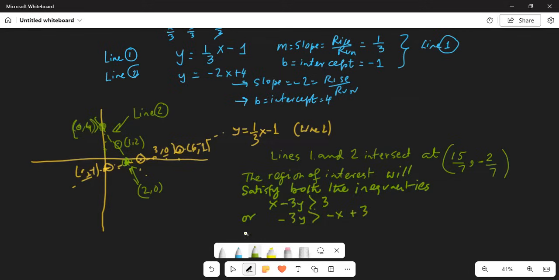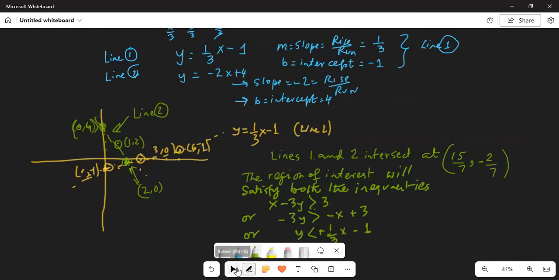Then I divide by minus 3 and the inequality flips. So y is less than 1/3 x minus 1. This will be positive now because I'm dividing by minus 3. Okay, so this is the first inequality.